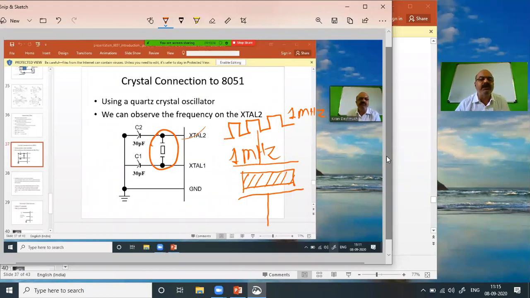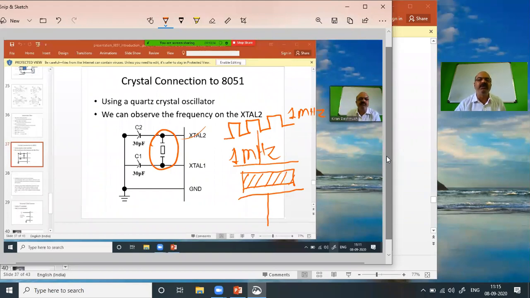So there are options actually. You have two options. One is you can use inductor and capacitor, or you can use a piezoceramic device. Instead of piezoelectric device, piezoceramics are also available. They are called as ceramic resonators. Okay. So one can go for ceramic devices also.